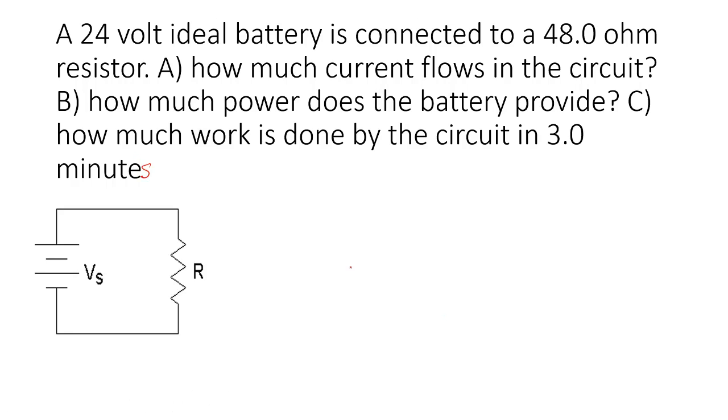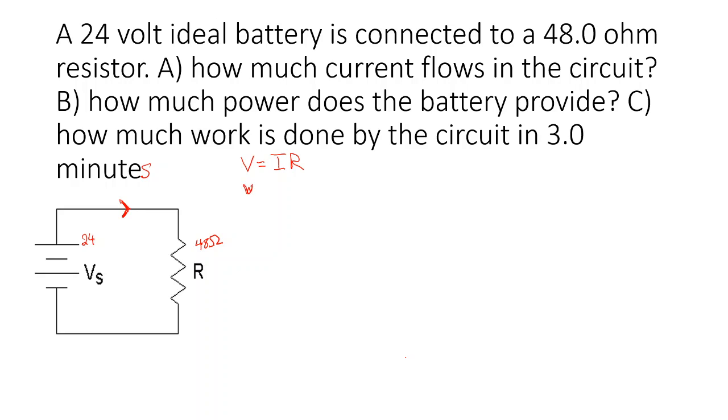Anyways, as we have this, we see that we have 24 volts heading through a 48 ohm resistor. And the first thing it asks for is the current. You should remember from a couple lessons ago that V equals IR. Do you remember what that stands for? You're absolutely right.